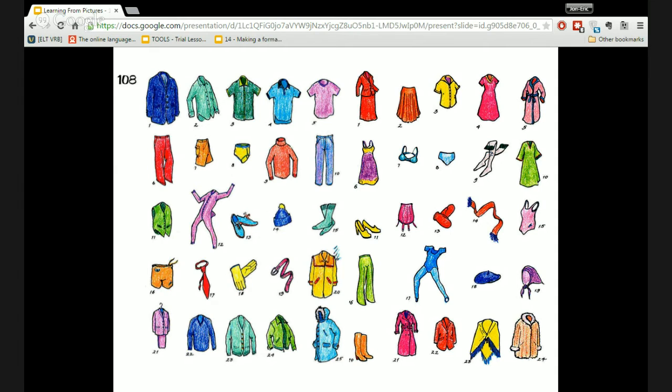To name. To say the name of. Here's my question for you. How many of those items on the left can you name? Like this. Look in the chat window.